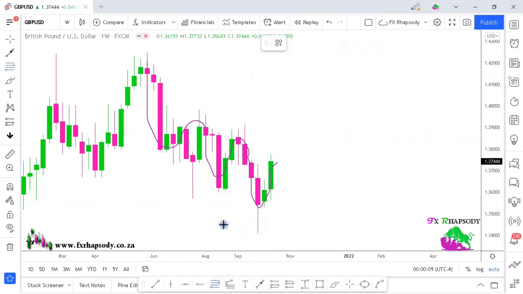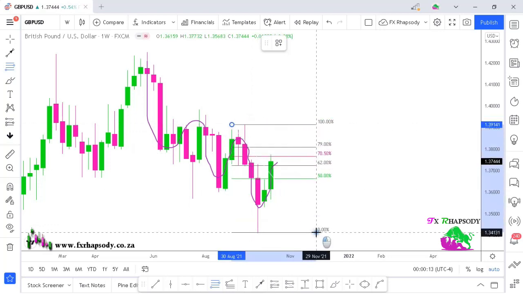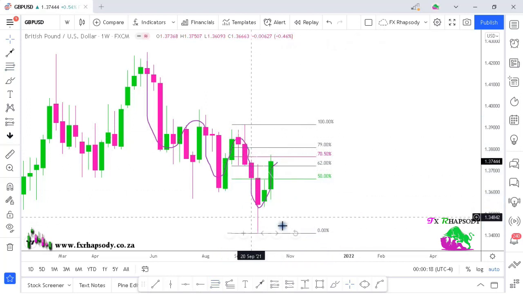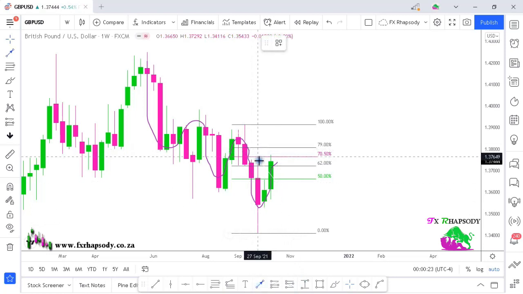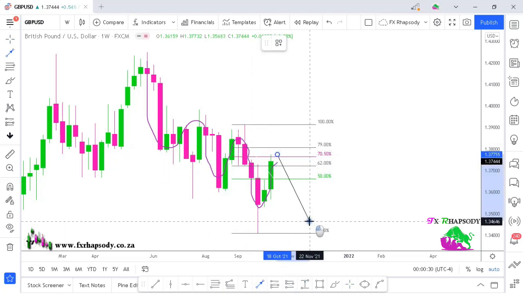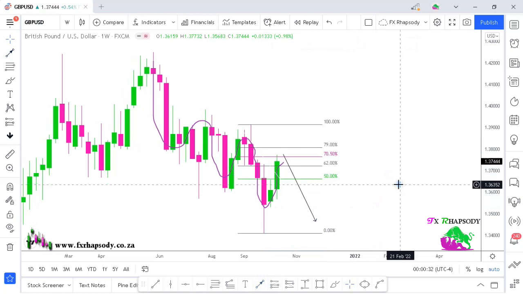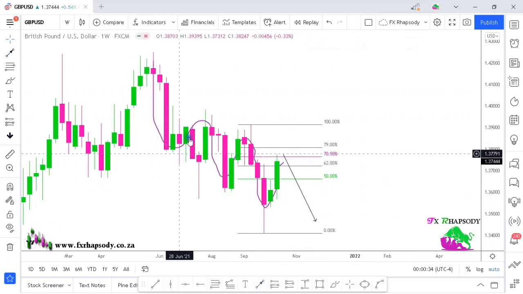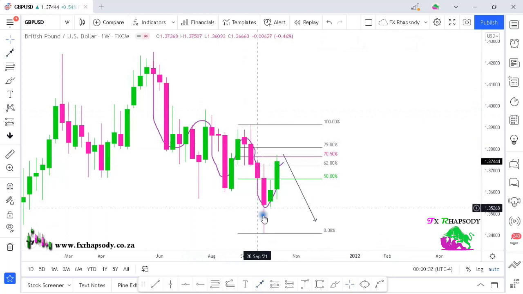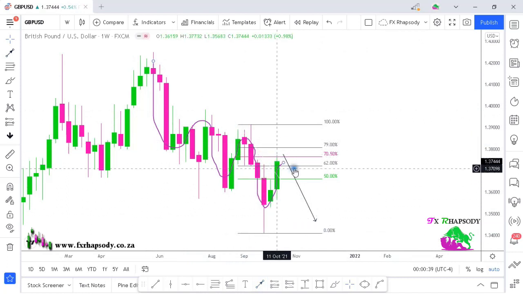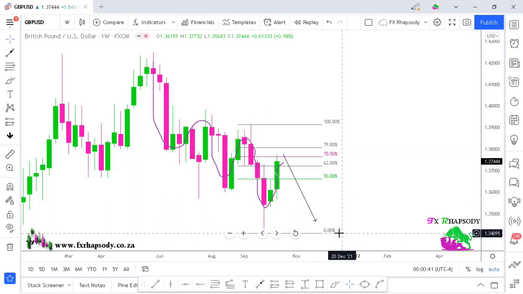So you take your Fibonacci from the swing high to swing low, and you can see again price tapping into that 70.5% optimum trading entry, and then moving, maybe creating a lower low, lower high, lower low, lower high. Now it made a lower low, now a lower high, so maybe it's going down to create a new lower low.